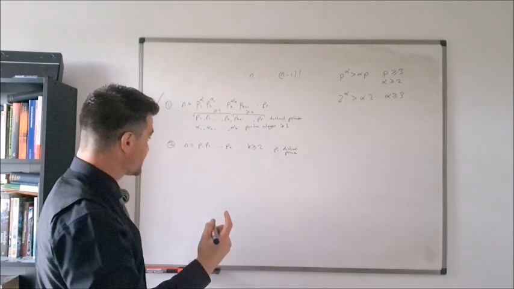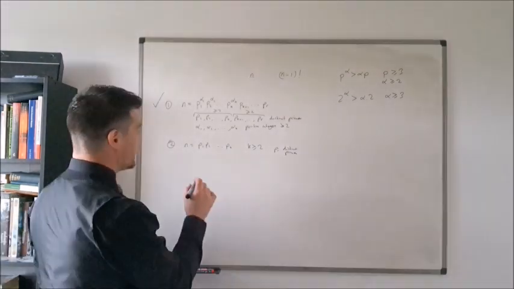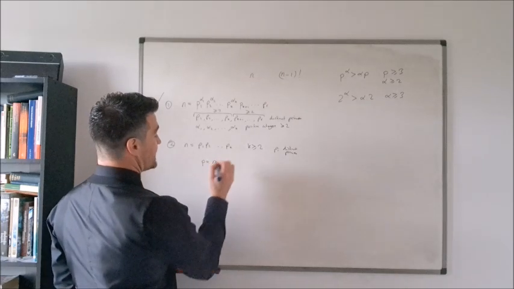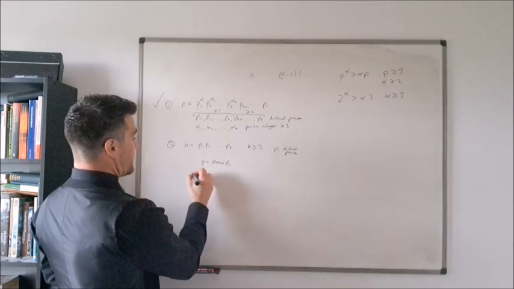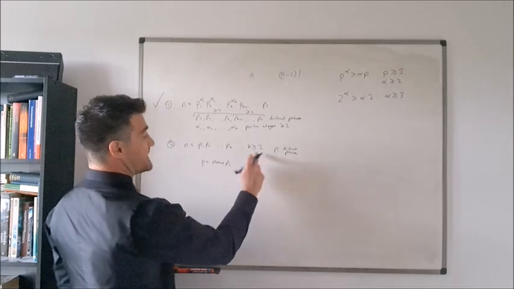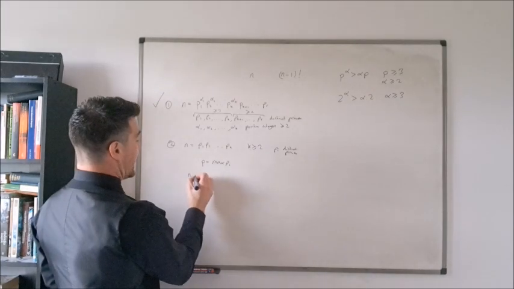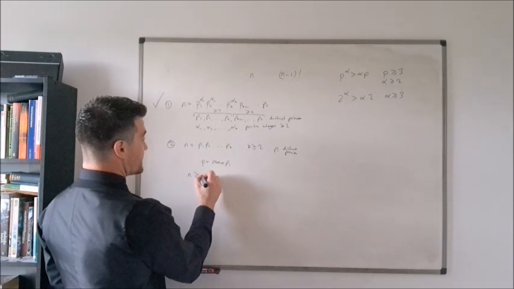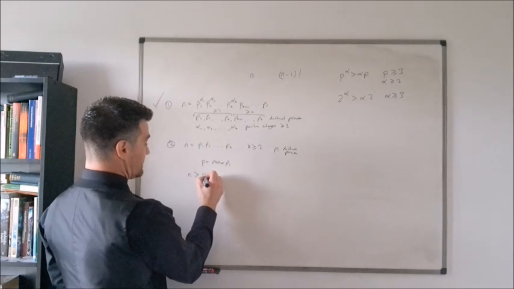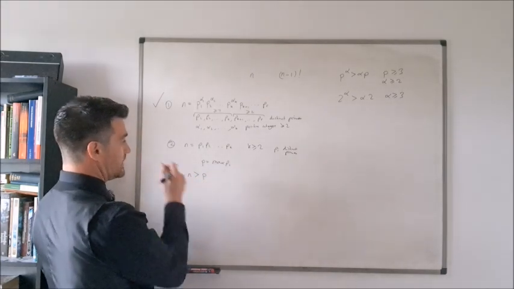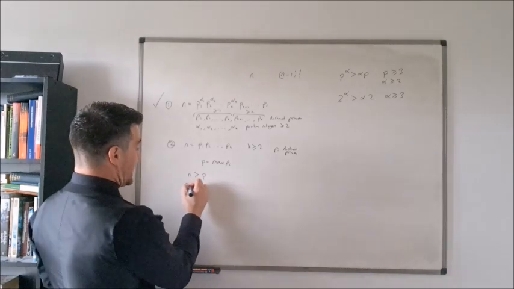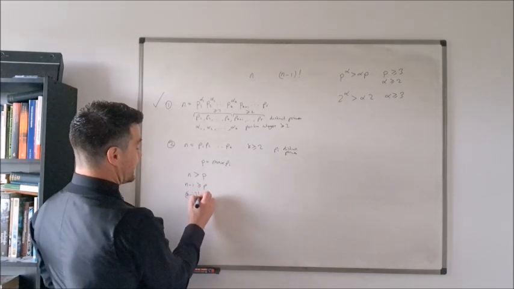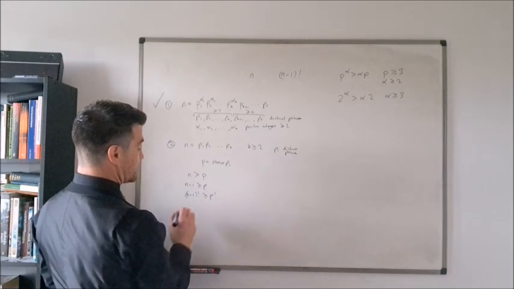So in that case, this is a little bit easier to deal with because if I choose p equals the maximum over the pi's, then because of the fact that k is greater than or equal to 2, n must be greater than p. So in that case, n minus 1 is greater than or equal to p, and therefore n minus 1 factorial is greater than or equal to p factorial.